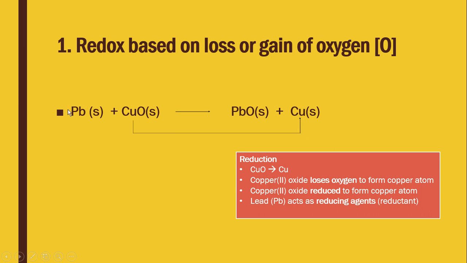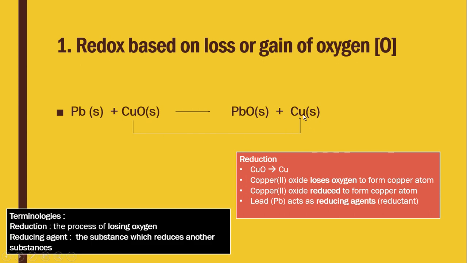or copper 2 oxide is reduced to form copper atom. So here Pb, lead metal, is known as the reducing agent. Earlier it was the oxidizing agent; now it is the reducing agent because it causes the reduction process. Pb is a reducing agent which reduces copper 2 oxide to become copper metal.